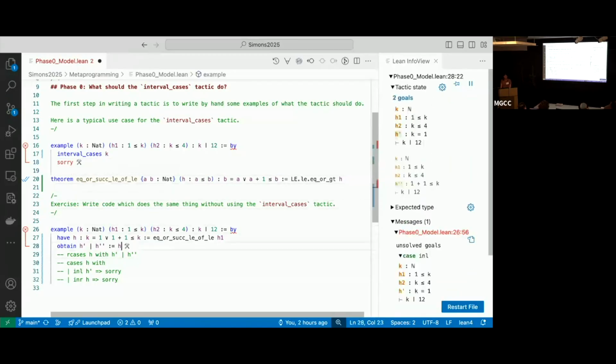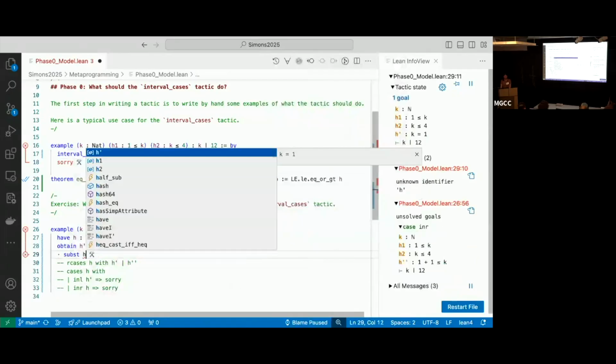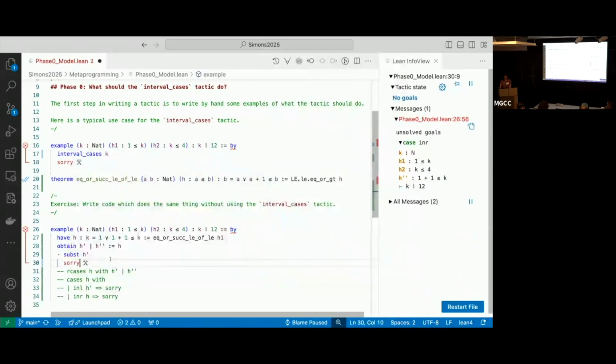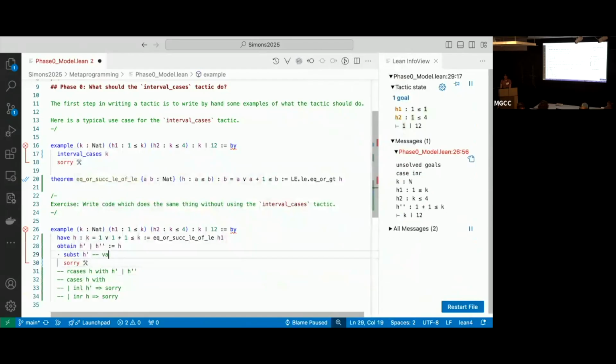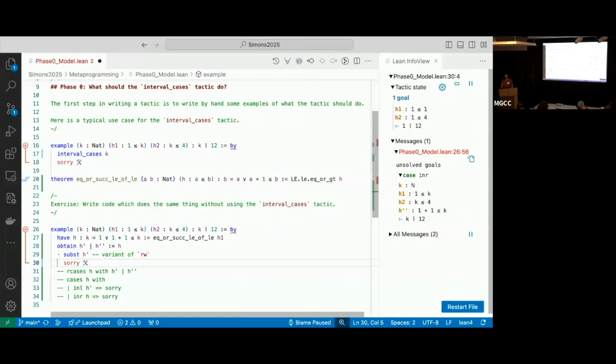Furthermore, substitute h primed, a variant of rewrite we haven't seen before, says change all the k's to 1s everywhere. And at that point, our first case really exactly matches what interval cases was giving us before.